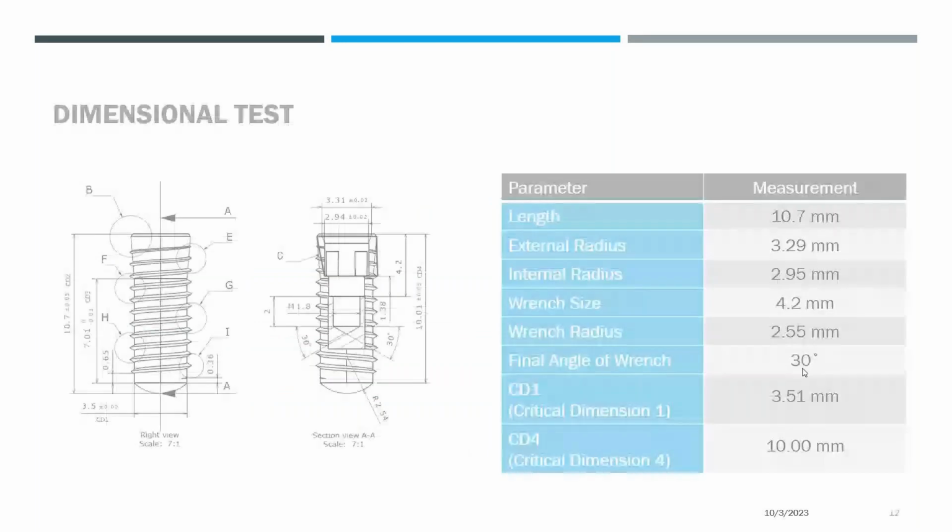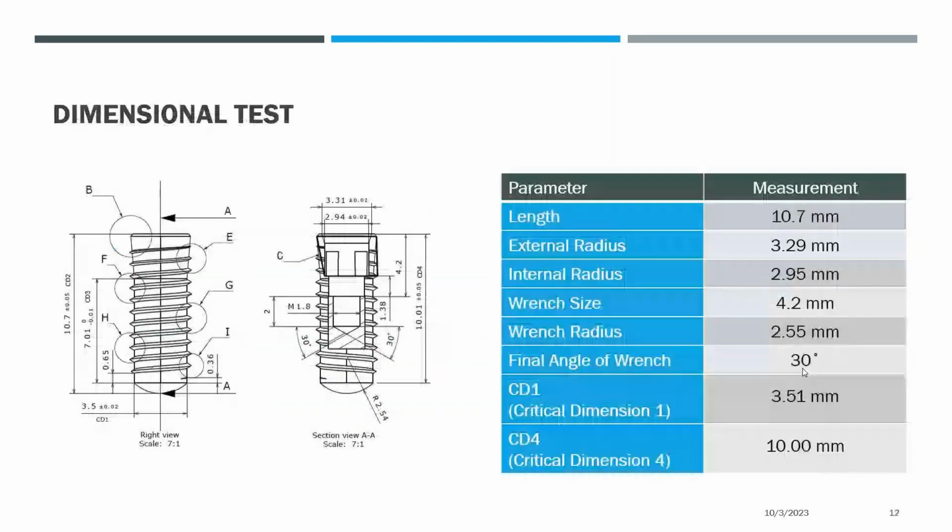The dimensional test, as you can see, the parameters are as follows. The length for the dental implant body was 10.7 millimeters. The external radius was 3.29 millimeters. The internal radius was 2.95 millimeters, and the wrench size 4.2 millimeters. Wrench radius 2.55 millimeters.